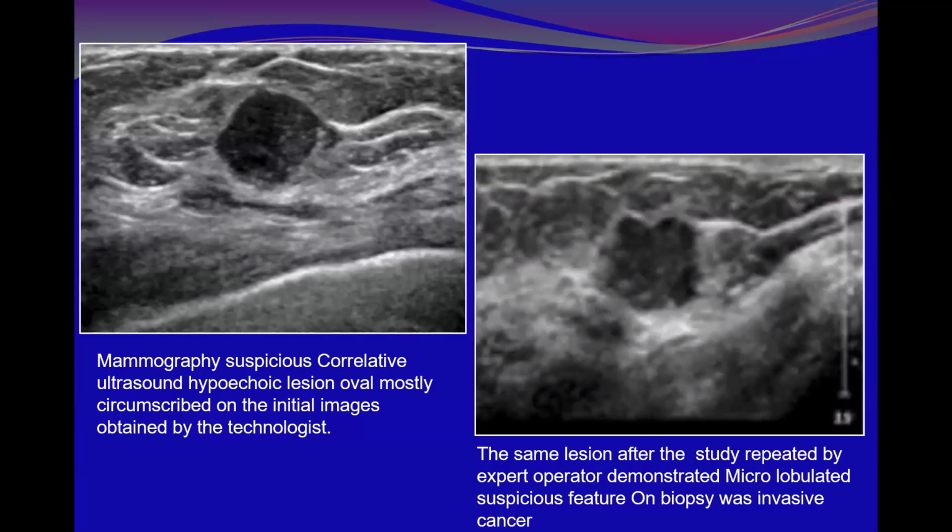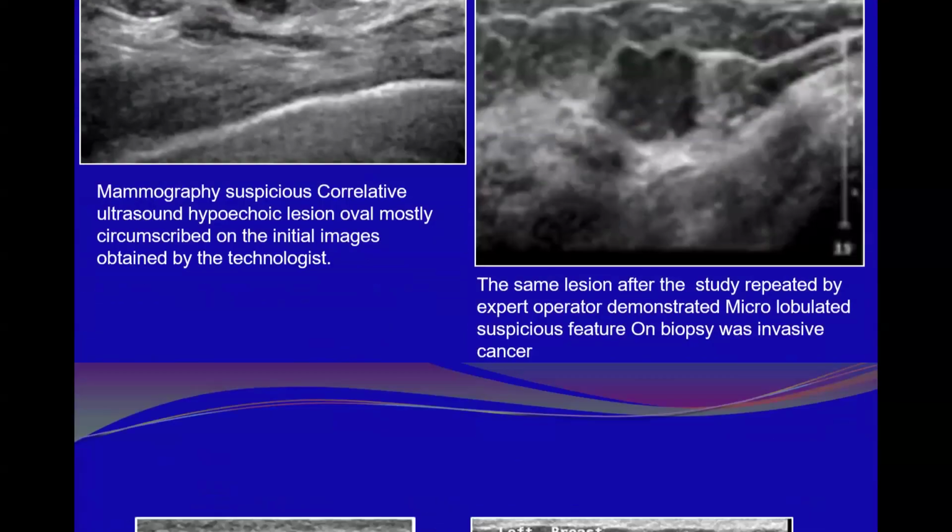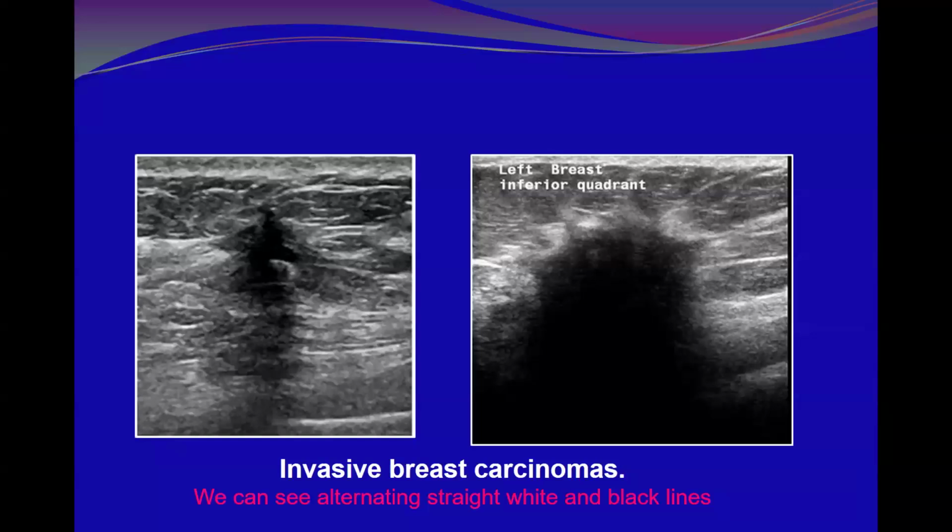We have to look and make sure, because that lesion on mammography was suspicious. That is why they repeated the scan by another, more expert operator, and they found, this is from the literature, that it is really a suspicious lesion. These are invasive cancers.